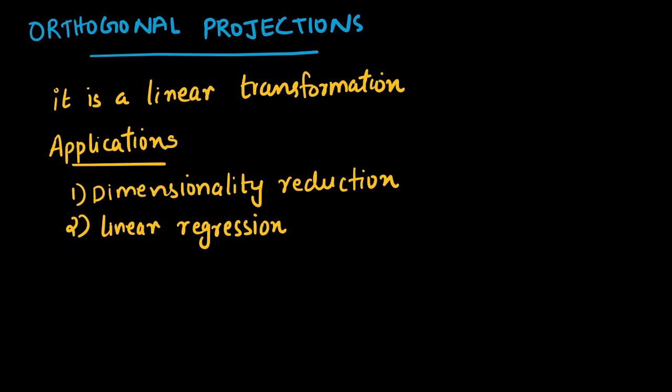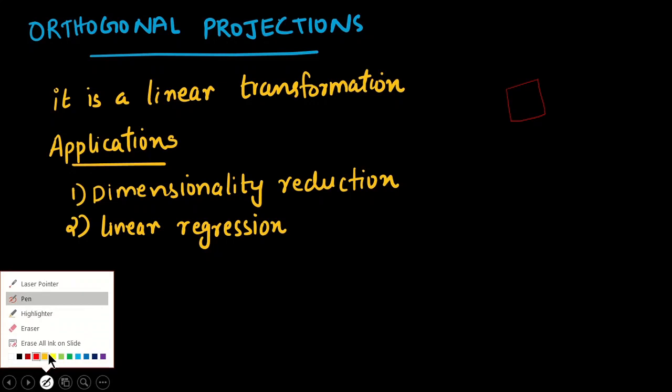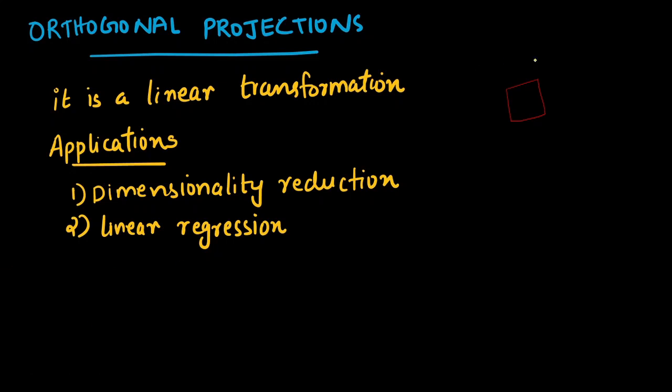Dimensionality reduction: suppose we have a machine learning system like this. It takes some parameters as input and predicts the weight of a person.